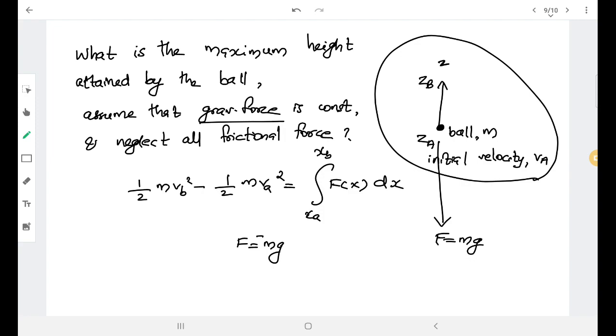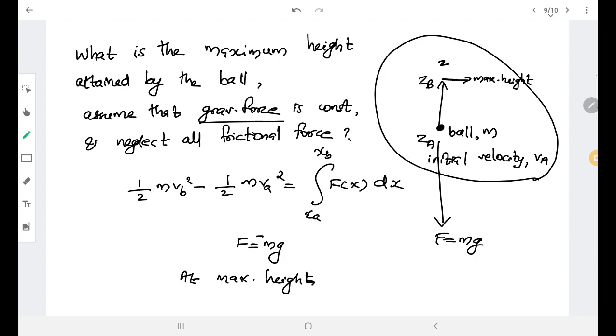For that we need one more thing. What is the velocity at maximum height? We have learned in our plus 2 that if we throw a ball, it will reach its maximum height. Let ZB be the maximum height, because the initial position is ZA and the final position is ZB.